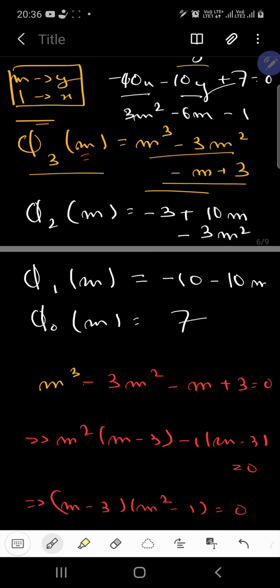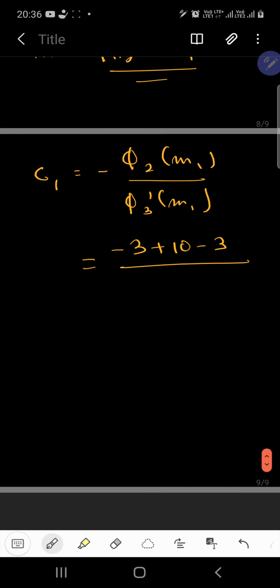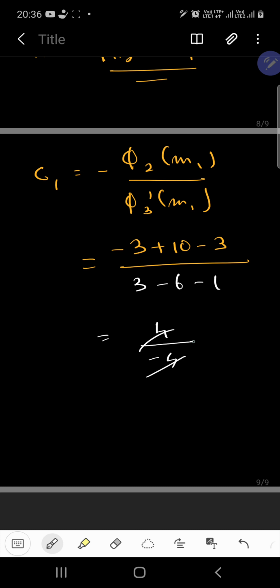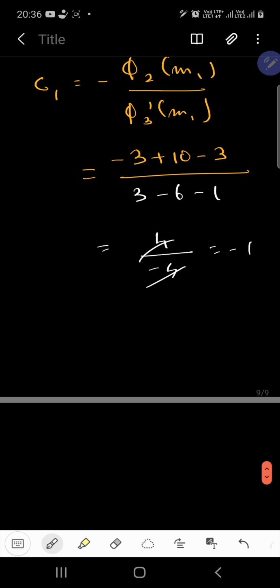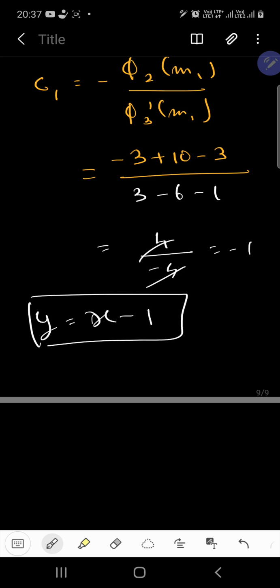So here you eventually get 3 minus 6 minus 1, which gives you, in the numerator 4, in the denominator minus 4, and they cancel out to give you minus 1. So the first equation you have is y equals x minus 1, as the first equation of the asymptote.